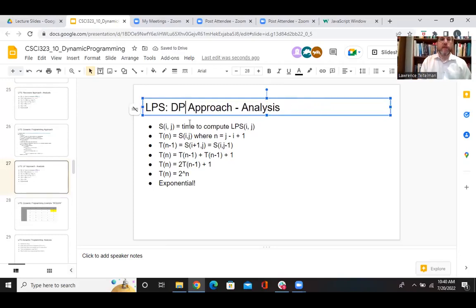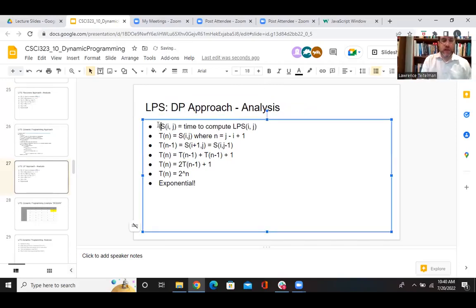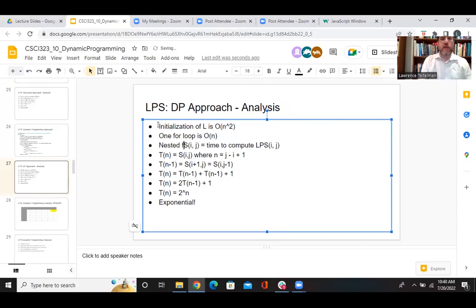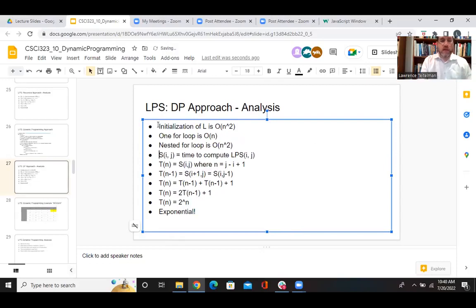So we have, let's say, our initialization of L is O of n squared. We have one for loop that is O of n, and then the nested for loop is O of n squared.